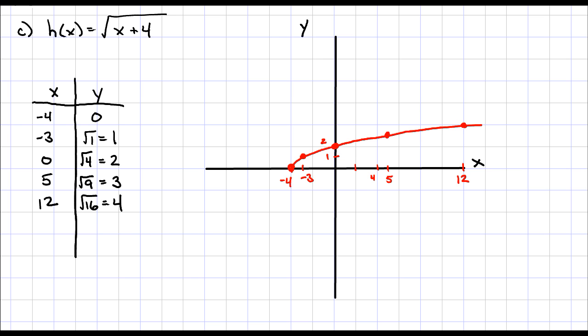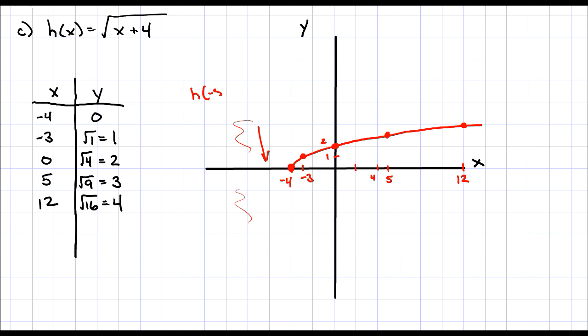One thing to notice here is I don't have anything on this graph to the left of minus 4. There's nothing out here because if I plug in a number smaller than minus 4, I'm going to end up with a square root of a negative number. For instance, let's say I tried to plug in minus 5.